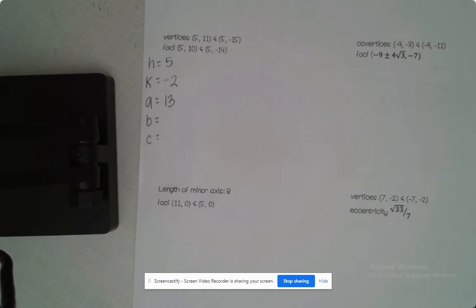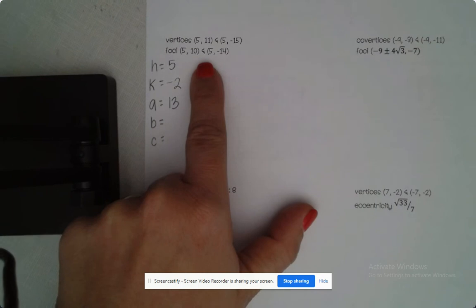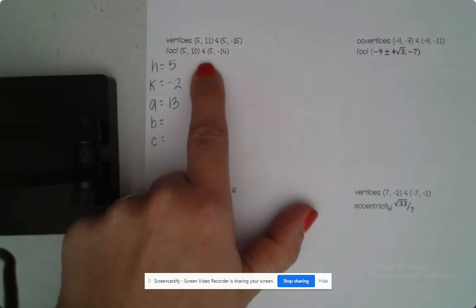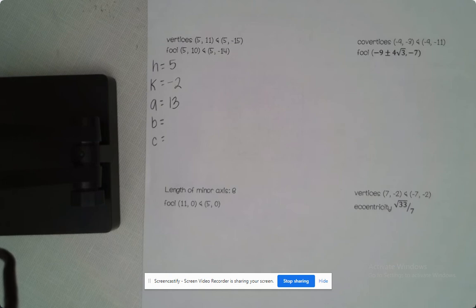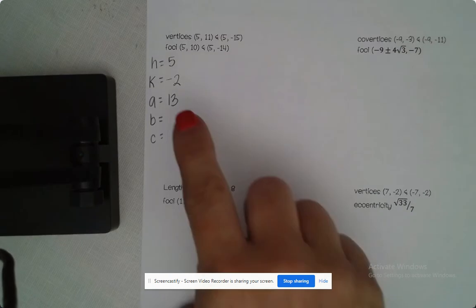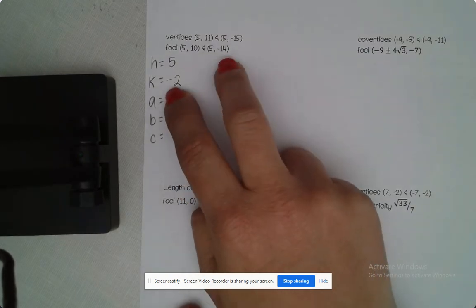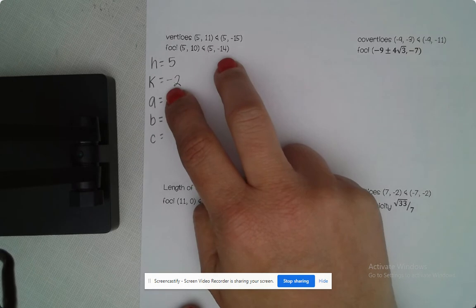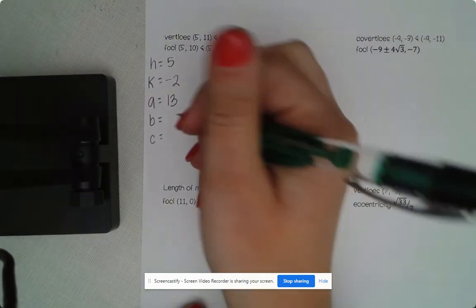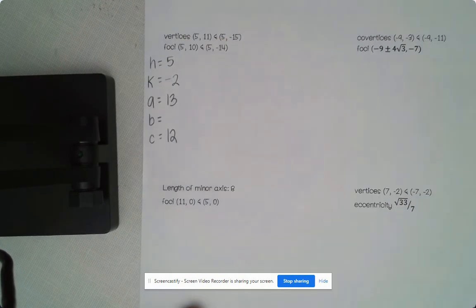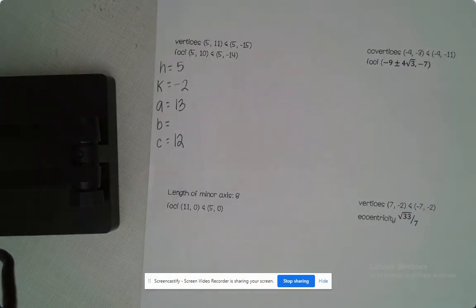Foci are equidistant from the center. So, if I'm at -2 and I'm going to -14, how many spaces am I going? 12. Yeah, that's where foci is.